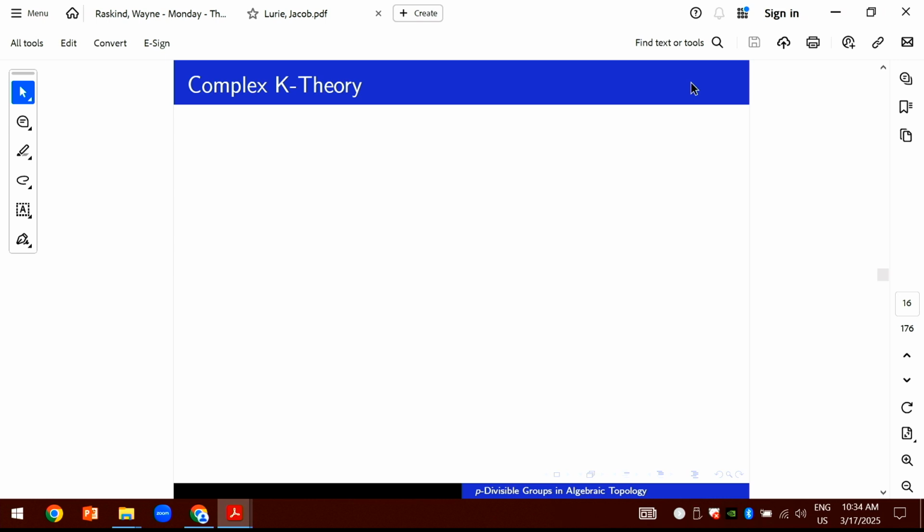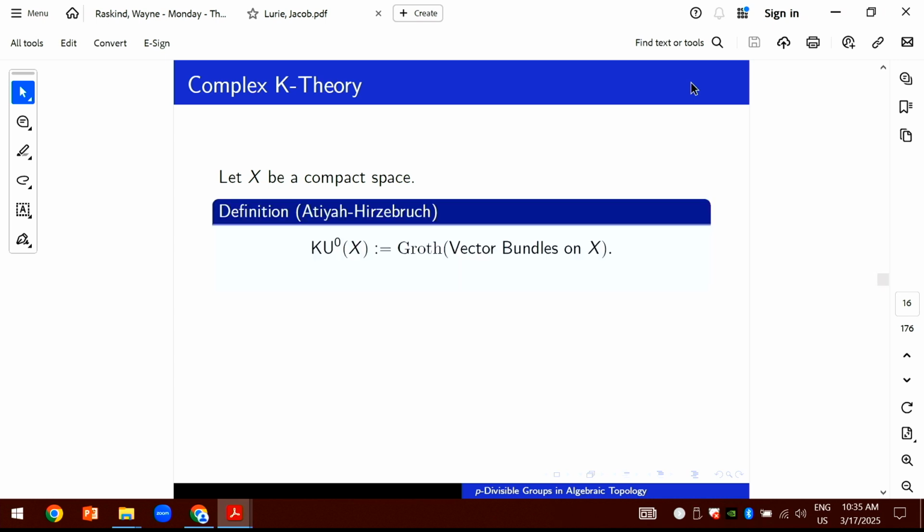In particular, I'm going to want to study topological K-theory. So let's say X is a compact topological space. The complex K-theory of X, a notion introduced by Atiyah and Hirzebruch, which I'll denote by KU0 of X, is an abelian group that you obtain in the following way.